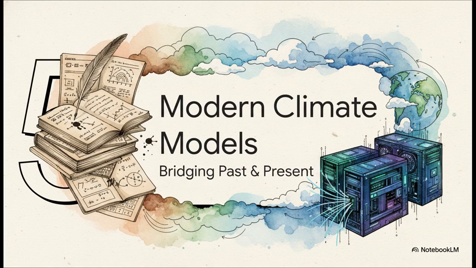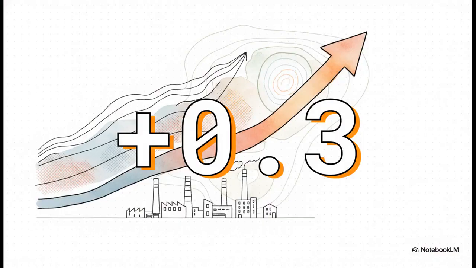Part 5. Trusting modern climate models, bridging past and present. Now, what's really interesting about this slide is Collinger's historical finding. He calculated a modest but undeniable 0.3 degrees Celsius increase in land temperatures between 1880 and the late 1930s. Just a slow, steady creep upward.